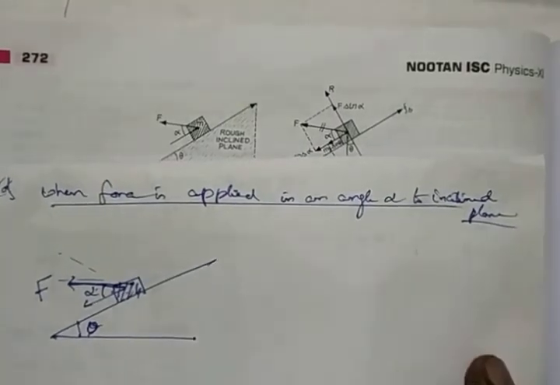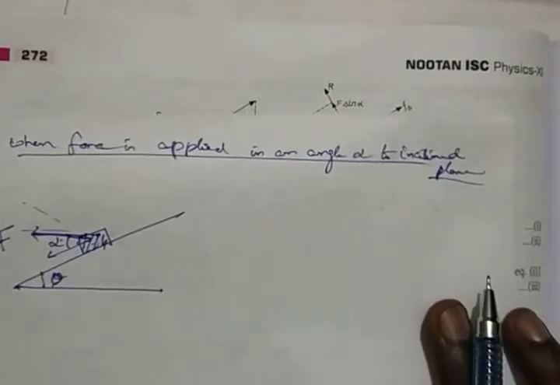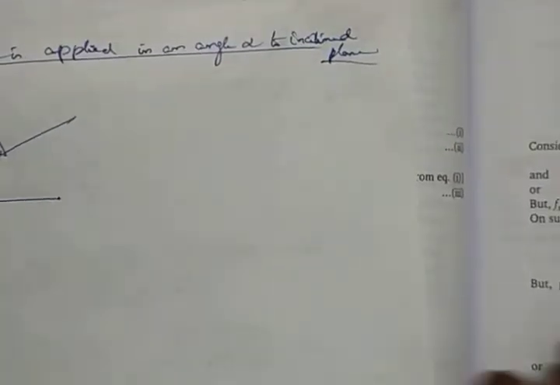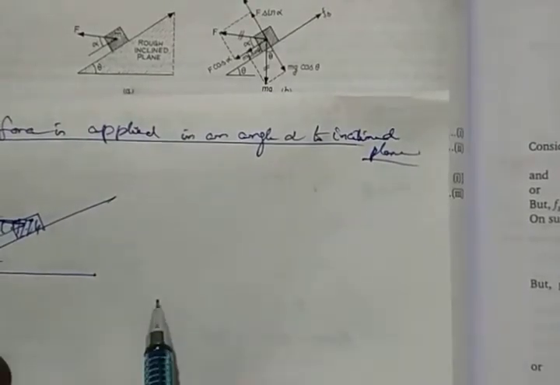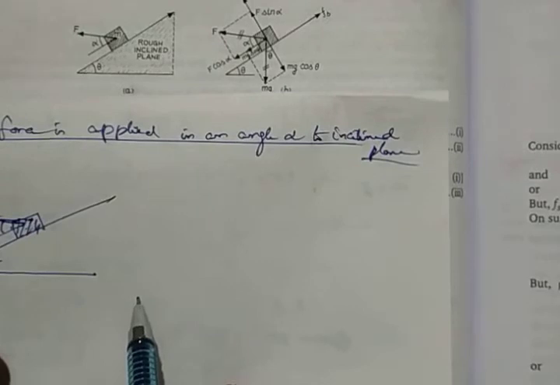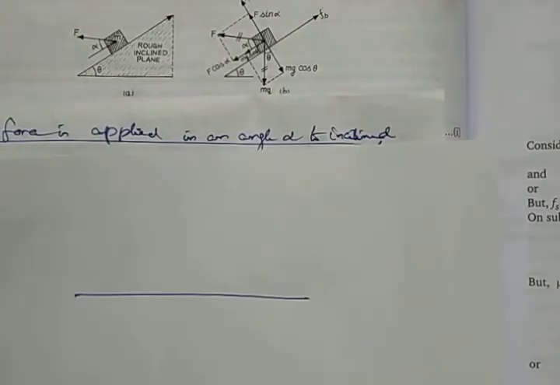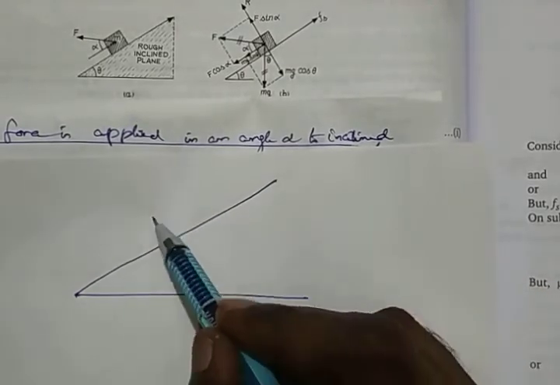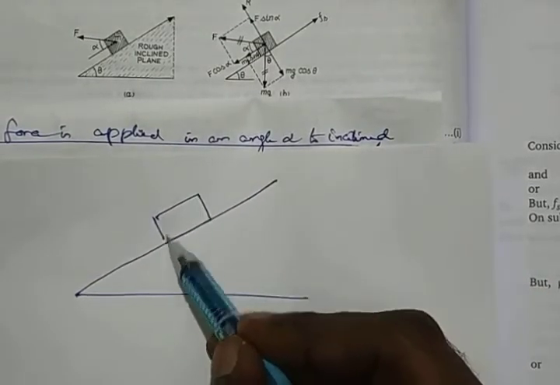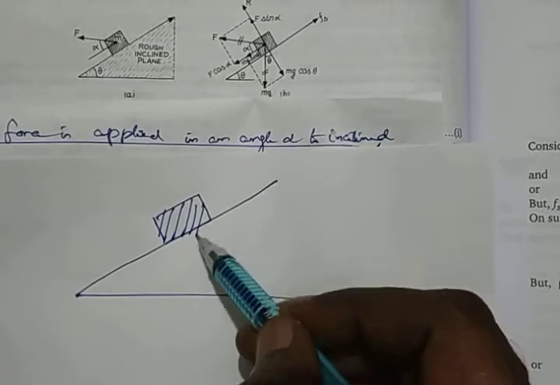Now we will try to draw the full diagram and see how it works. Be very careful about the basic system. Basics remain the same, but there are some major differences you will find. So we draw the diagram like this. There is an inclined plane and the body is here.